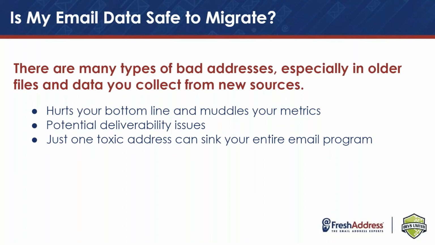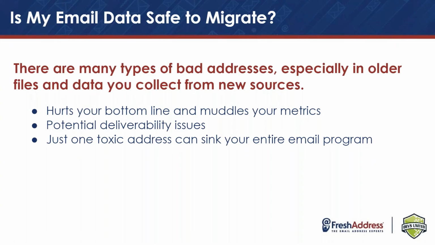And one thing that can really cause a roadblock is bad email addresses. And there are a bunch of different types, and they especially exist in some of your older files and the data you collect from new sources. I know especially in this day and age, people are trying new things, trying to offset the lack of in-person events, and that also opens up the door to some dangerous stuff that can cause problems for you.